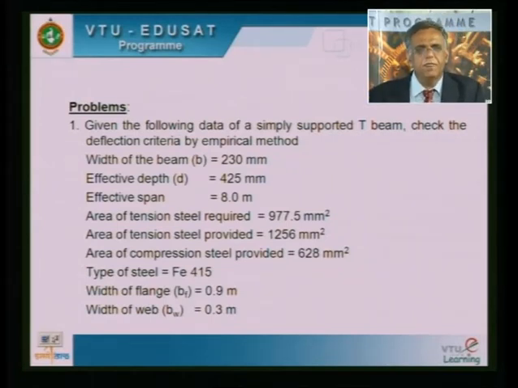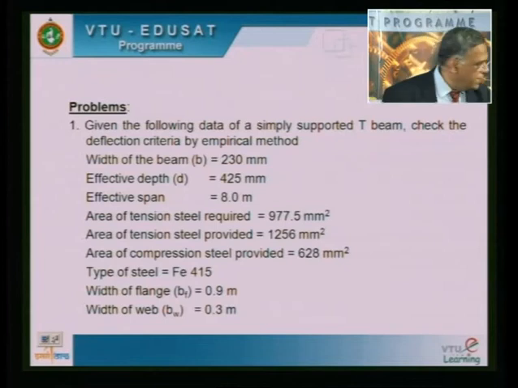Width of the flange, denoted by BF, written within the brackets B suffix F, the width of the flange equal to 0.9 meters. Width of the web B suffix W equal to 0.3 meters. So this is the data given.